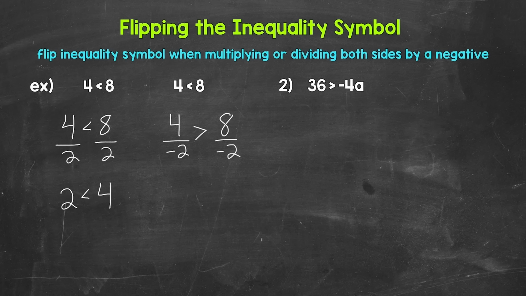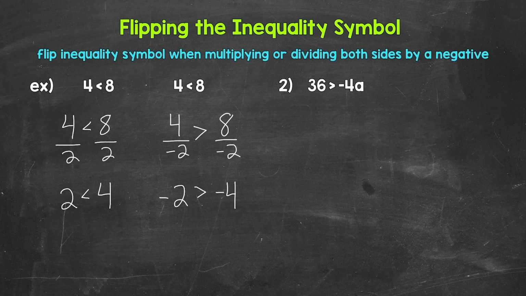As soon as we divide both sides by a negative, that symbol flips. It changes direction. And that's because 4 divided by negative 2 is negative 2, and then 8 divided by negative 2 is negative 4. Negative 2 is greater than negative 4. So for that inequality to remain true, that symbol flips.